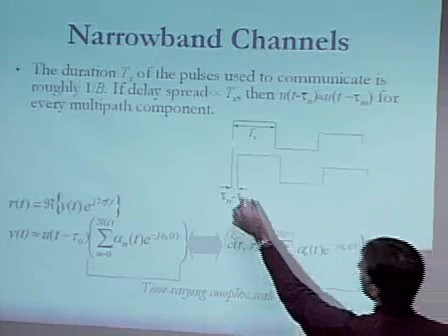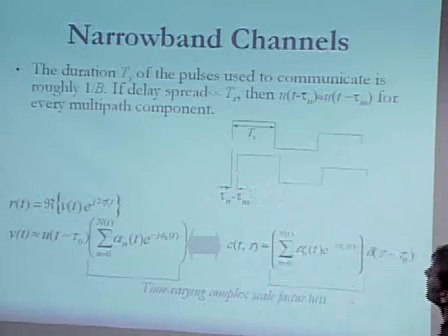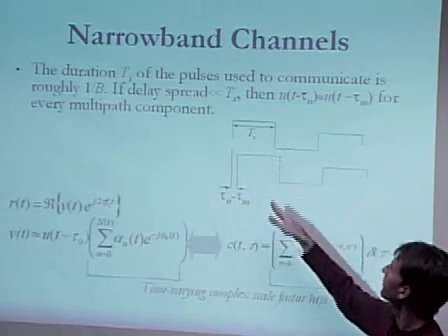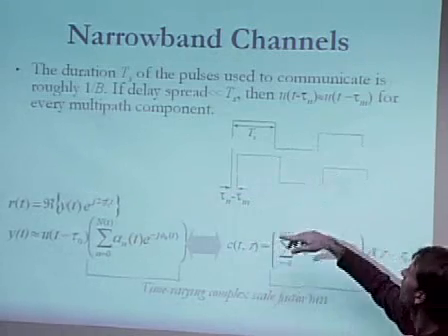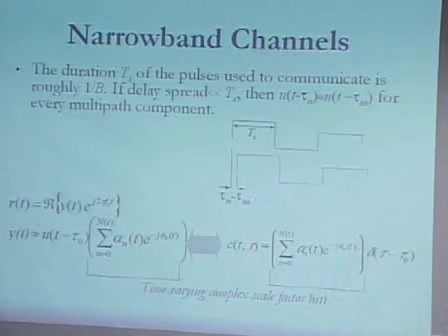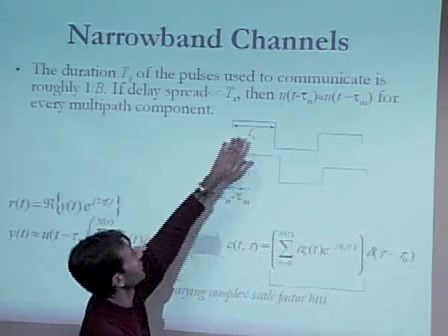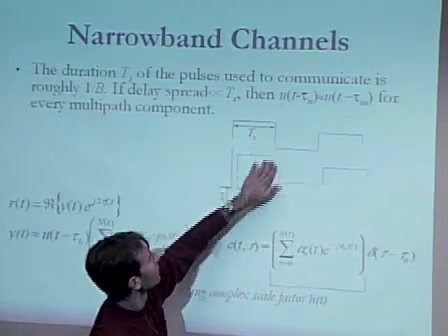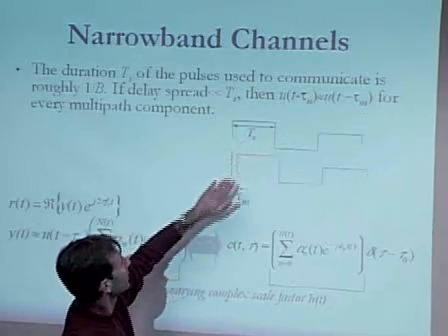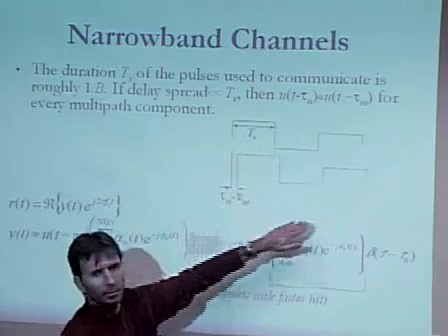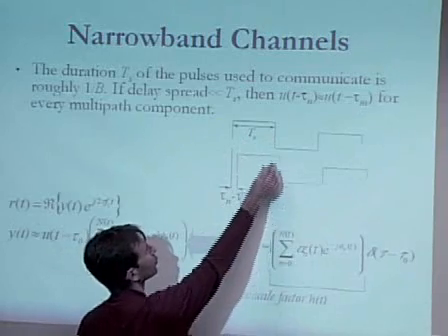And this is the difference, Tm minus Tn. If this difference is small, right, these two signals are pretty much going to line up. So if we add them up, we'll get something that has the same shape, except there's going to be a little bit of perturbation in the edges, okay, here in the transitions. But by and large, if we add these two signals, we'll get something that has the same shape, except for a little bit of distortion in the transitions.